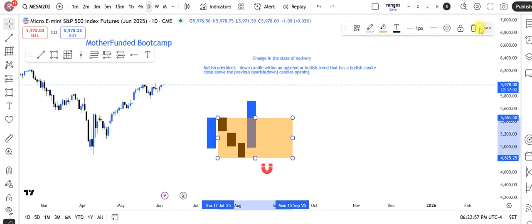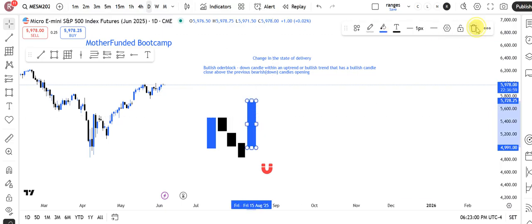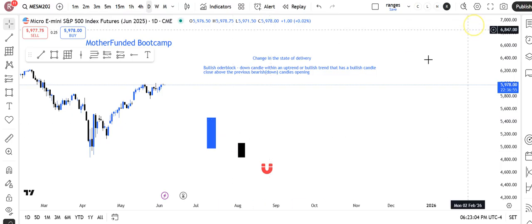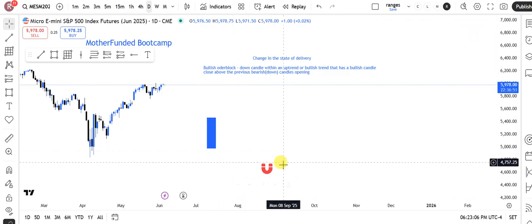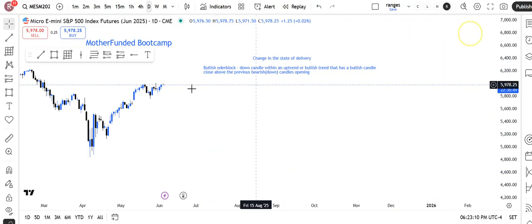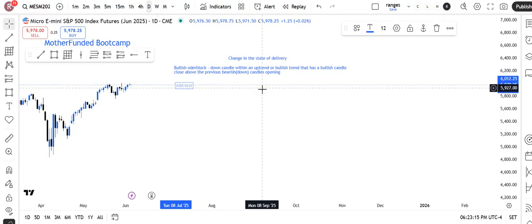So let's do a bearish example. So I'm going to just type it out again real quick. Bearish order block.